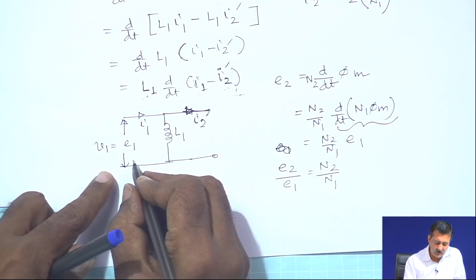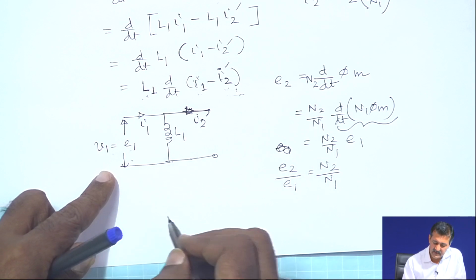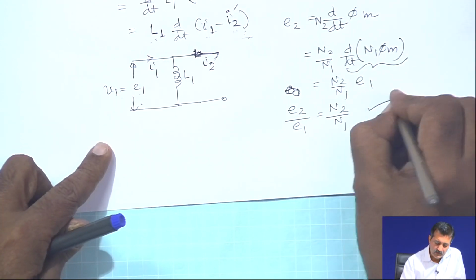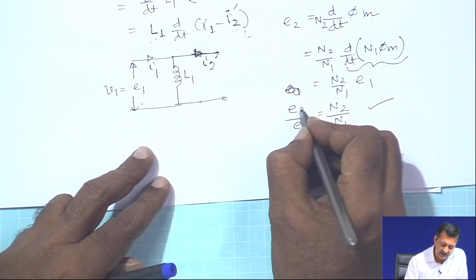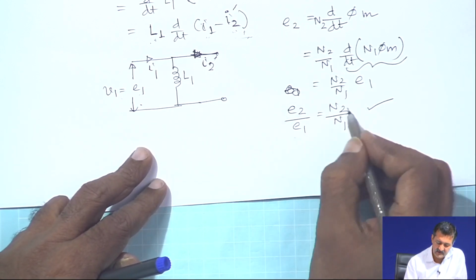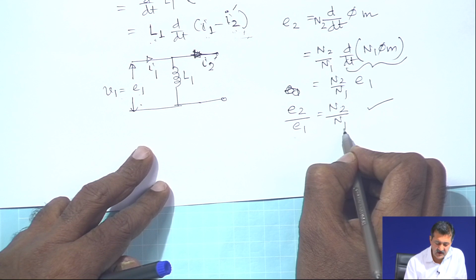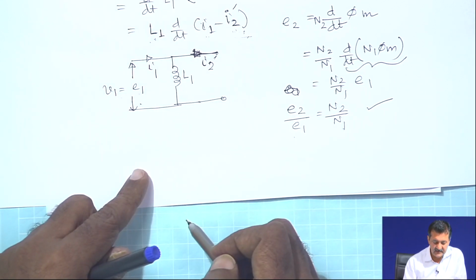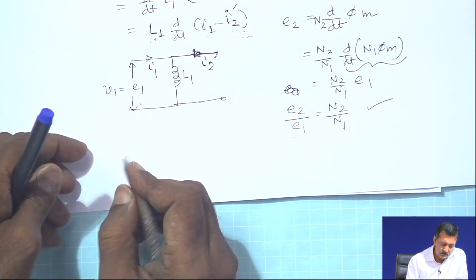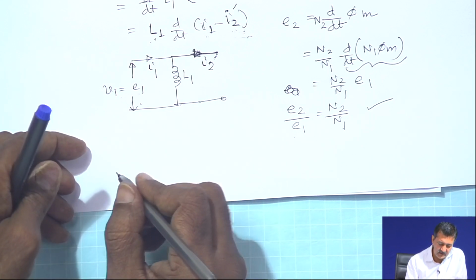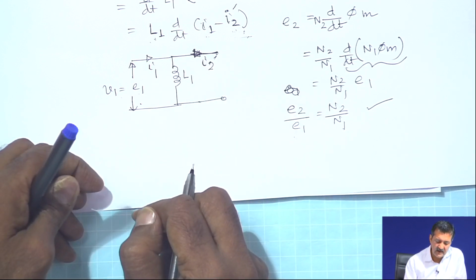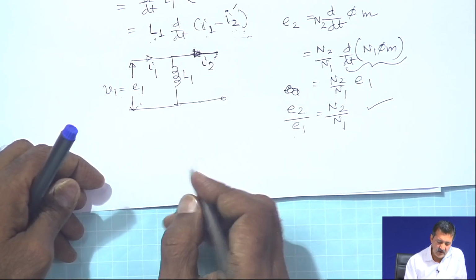So, this voltage is V 1, this current is I 2, right. We have got the relationship between the two voltages, nothing but the number of turns relationship. Then the last magnetic circuit relationship would be: what is the value of I 1 minus I 2?